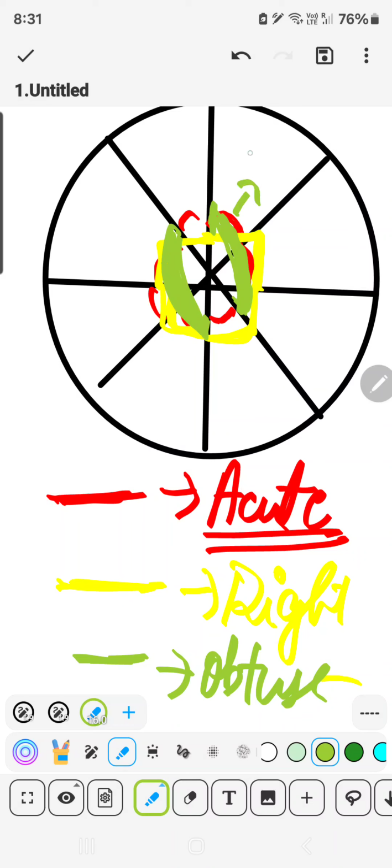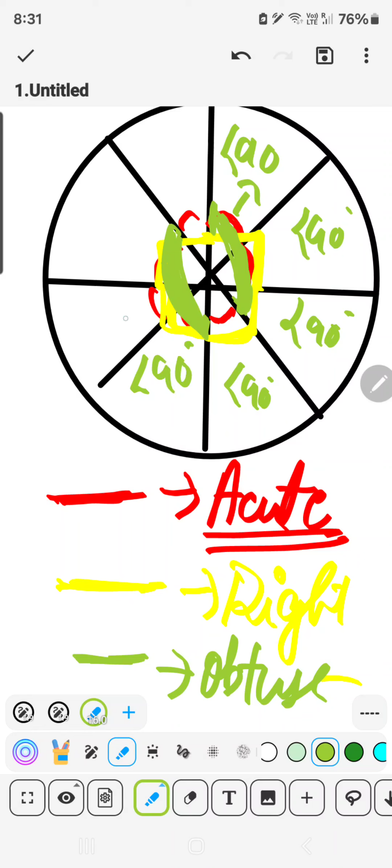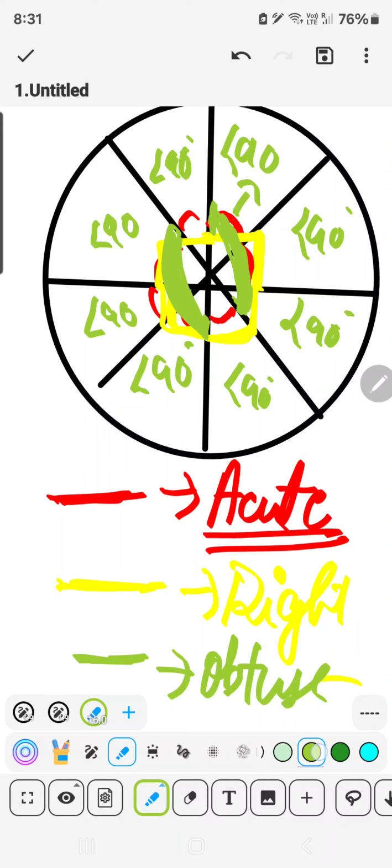These parts are all less than 90. Less than 90, less than 90, less than 90. Okay, so this is obtuse.